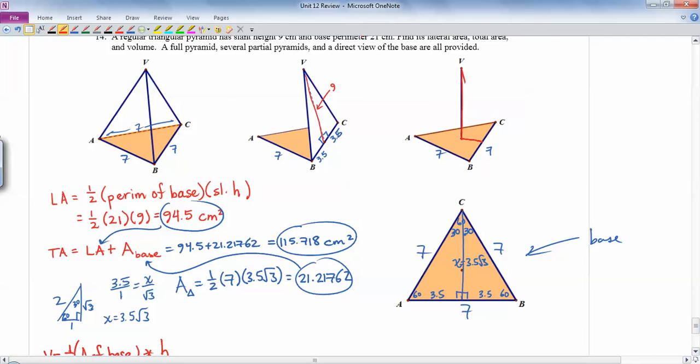Because we know that the slant height here, that thing, is 9. That's the same as this guy right here. I just moved it over to this diagram instead. So what we really need now is this length, y. Well, notice that cuts that 7 into 3.5 and 3.5.